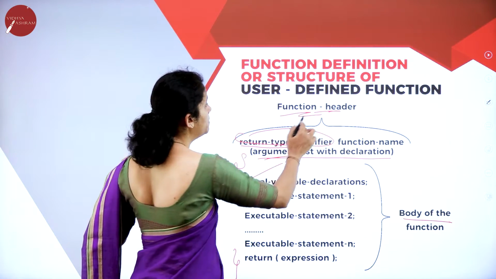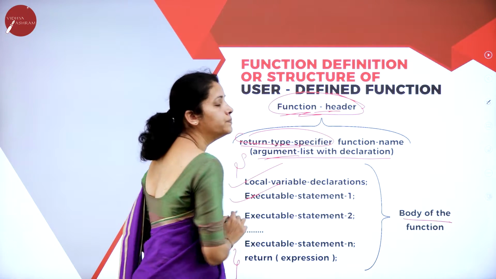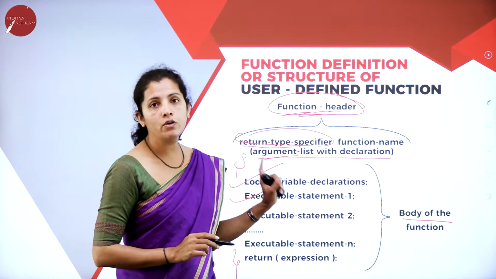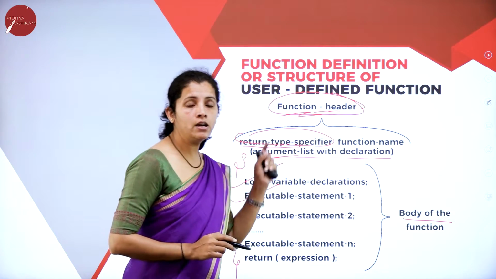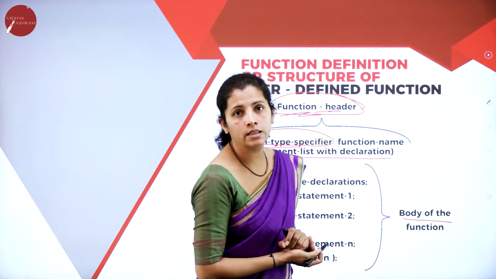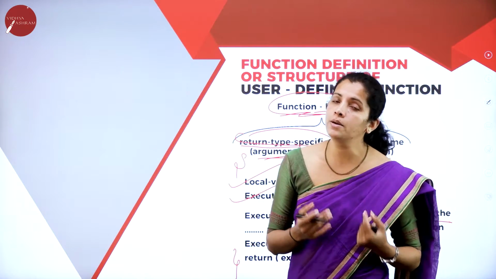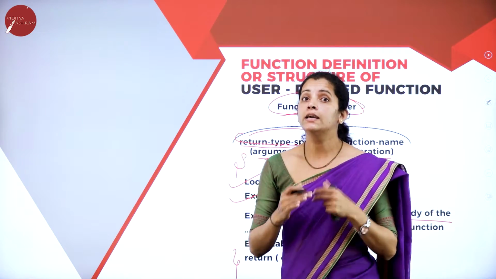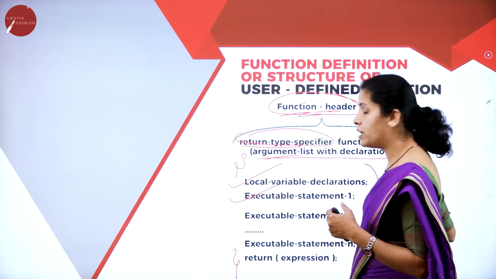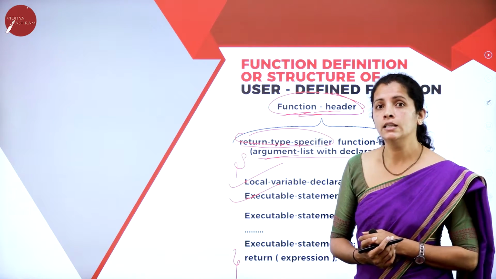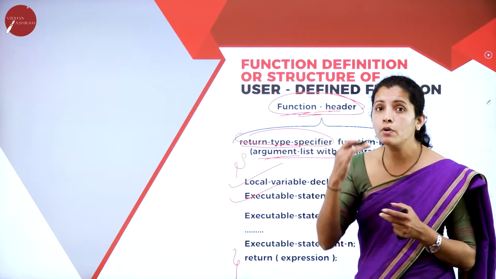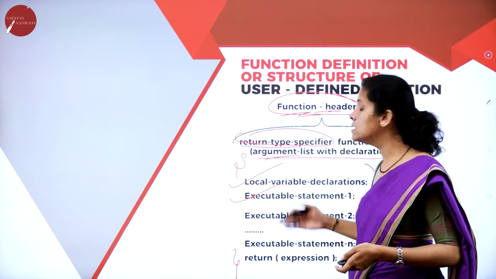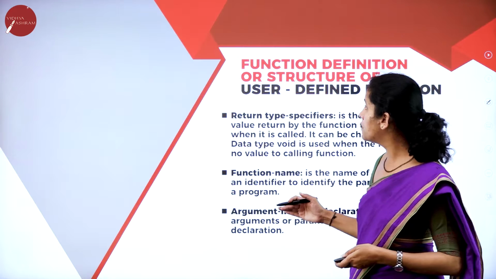I want to remember the function header along with the body of the function. My function header includes the return type, function name as well as arguments. And my body of the function includes the local variable declaration as well as a number of statements as well as the return.